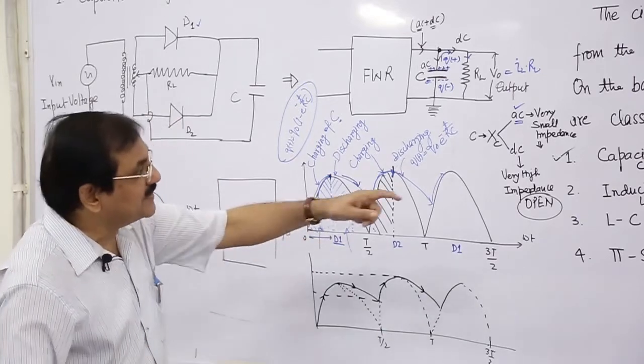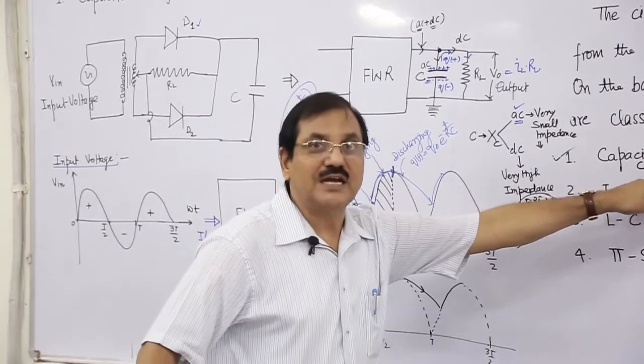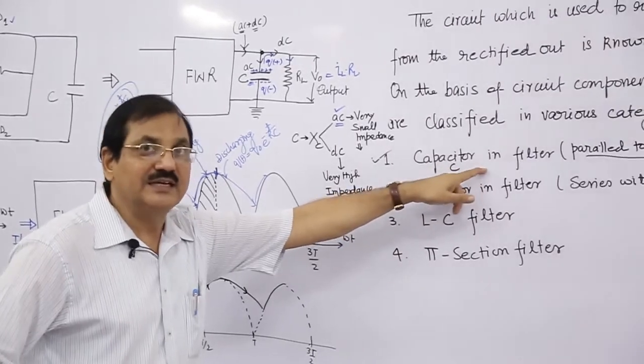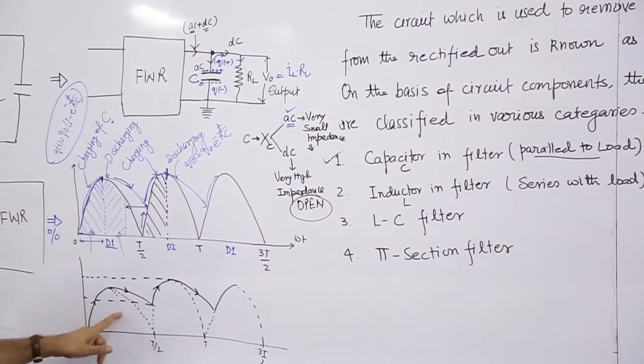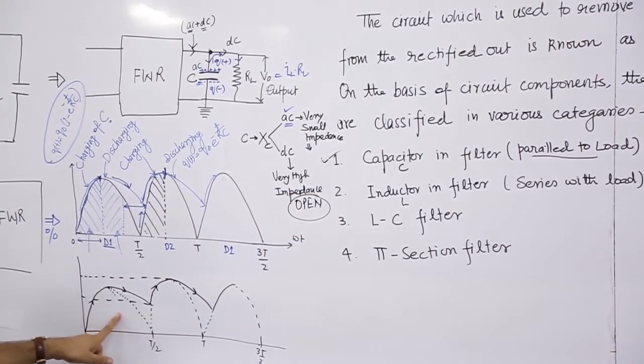So, by using a capacitor in the circuit, the current will not be 0, but it will be finite.